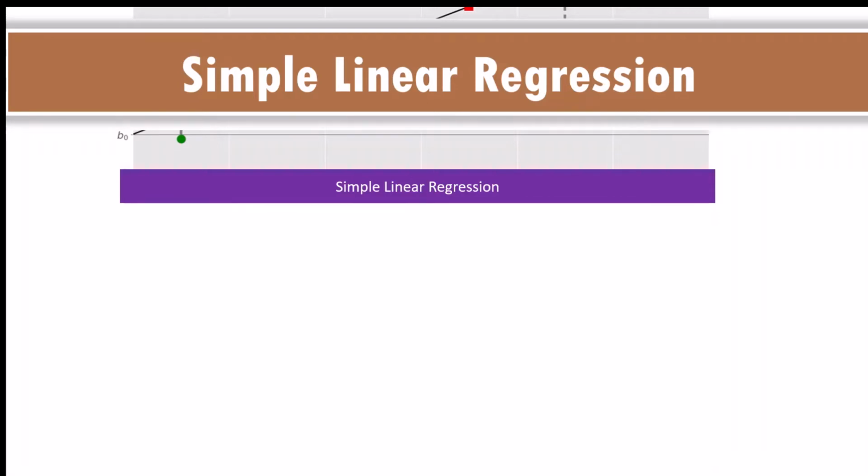If we use more than one variable to predict the output value, then that regression model is called multilinear regression. In this graphical representation, we consider only simple linear regression for simplicity, to understand how to draw a regression line.